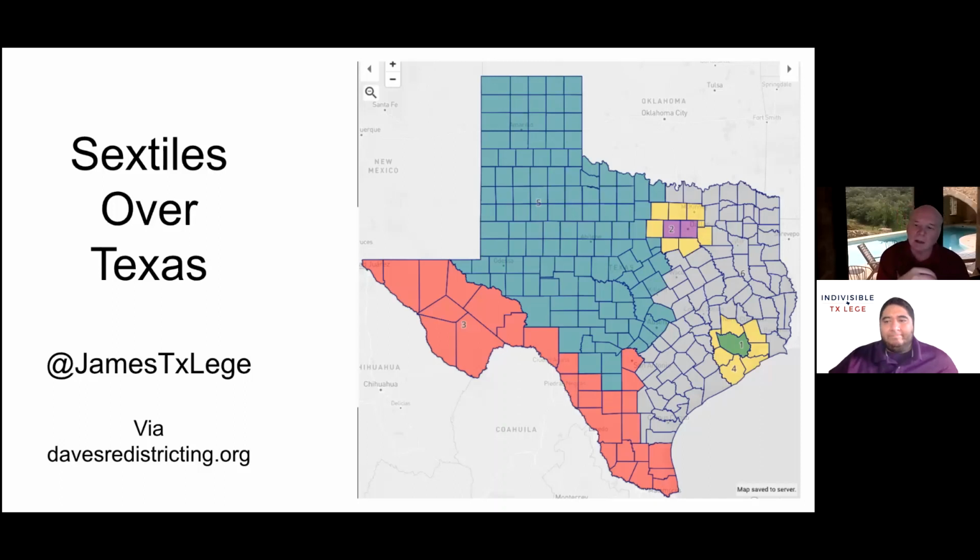But I can say that each of these sections has about the same number of people in it, within about a 1 or 2% difference. Harris County has almost exactly the same number of people as Dallas and Tarrant County put together. And if you take all the suburban counties that touch Harris, Dallas, or Tarrant, the ones that are in yellow there, that's about another equally populated group within about 1%.